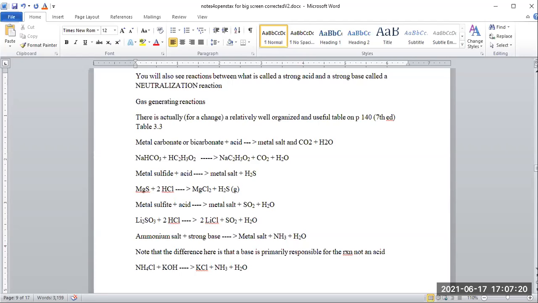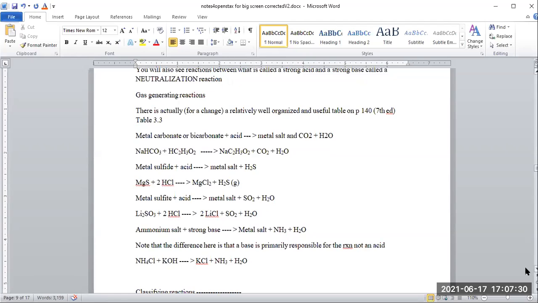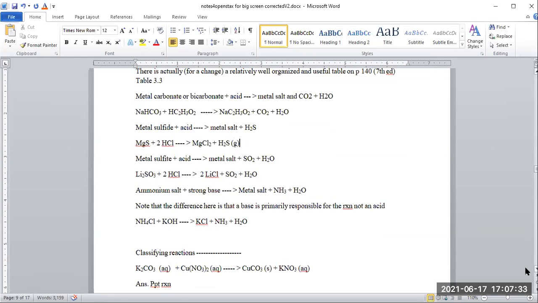What if instead of a sulfide, you had a sulfite? So this time I have SO3. I'm still adding acid to it. I picked on hydrochloric acid again because it's pretty common. Metal salt.